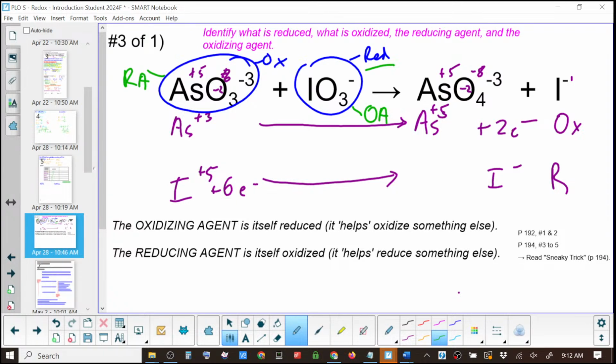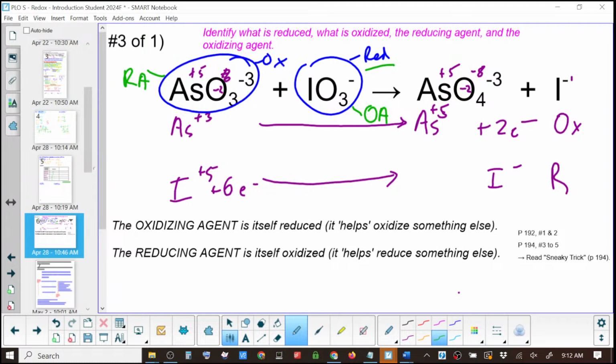The reducing agent has its charge go up. If you just want a very quick way to do it, the oxidizing agent has its charge go down.